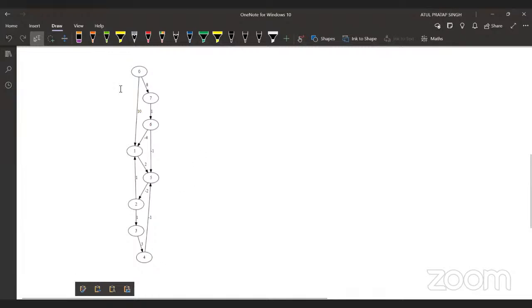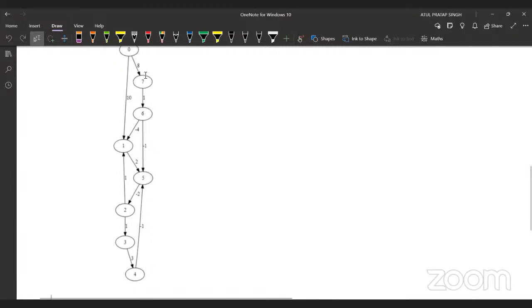So this graph contains many negative weights, but I think there is no negative weight cycle in this graph. Just look at minus 2. There's no cycle. There's one cycle here, 2, 3, 4, 5, but with minus 2, minus 3 this is also not a negative weight cycle.